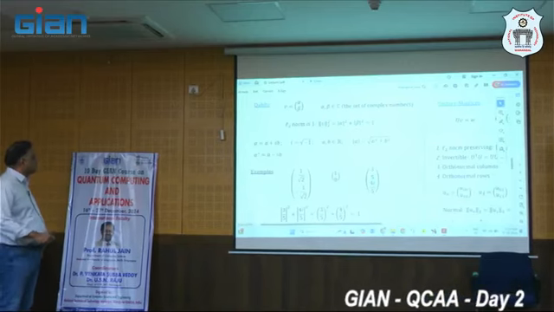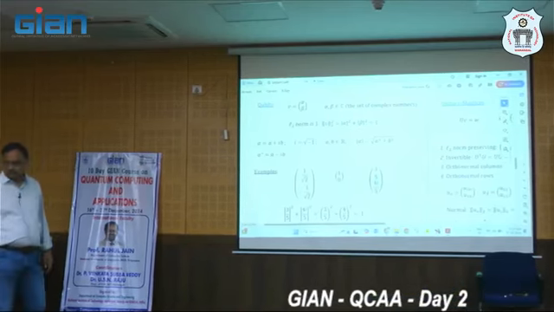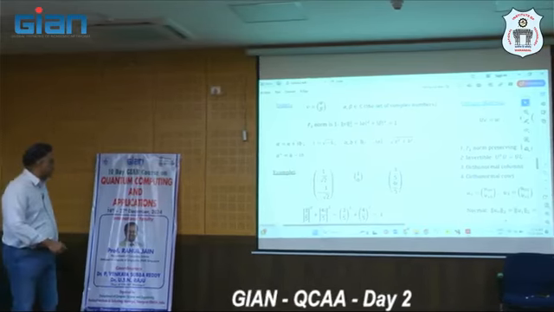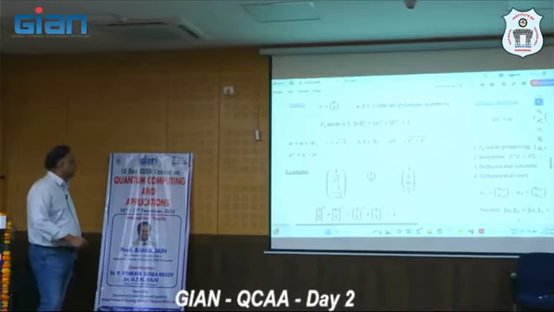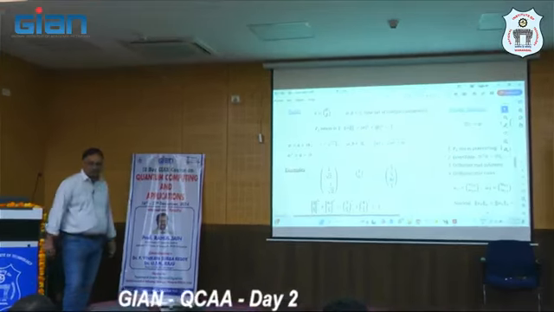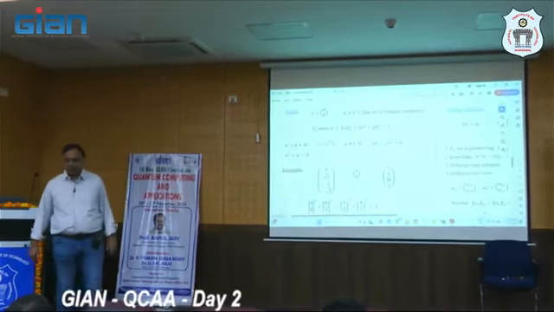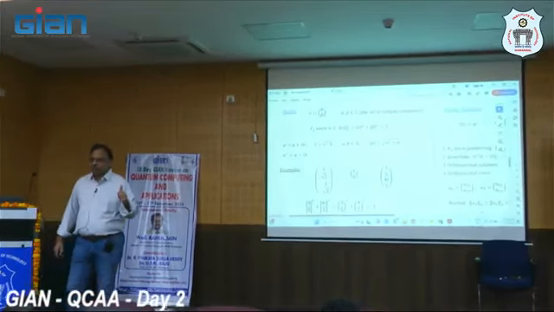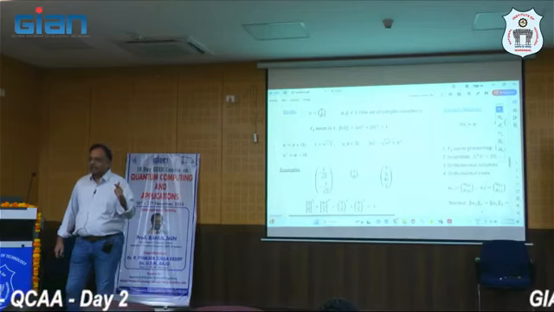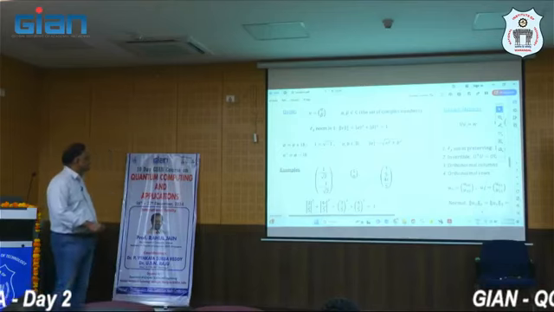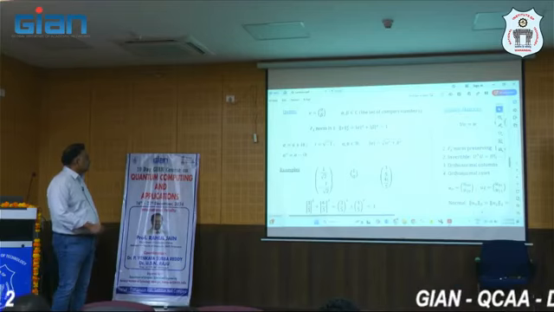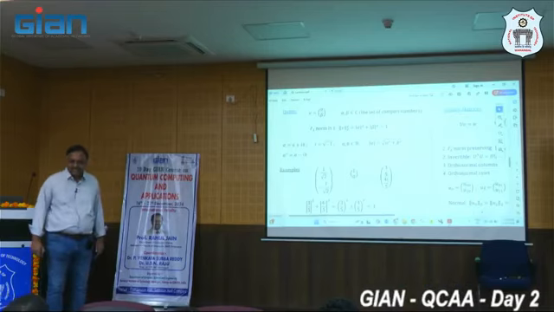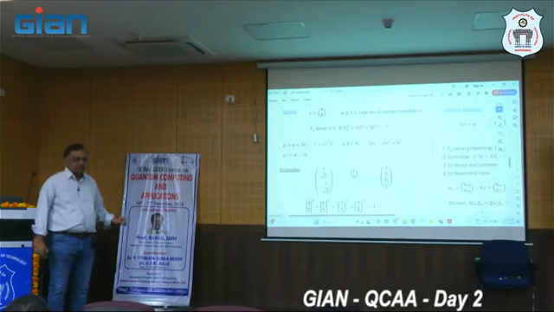Now let us take examples of qubit vectors. One example is 1 over square root 2, minus 1 over square root 2. What is alpha here? What is beta?